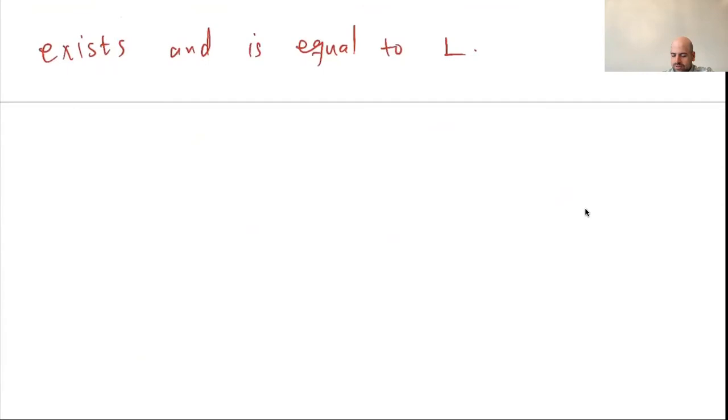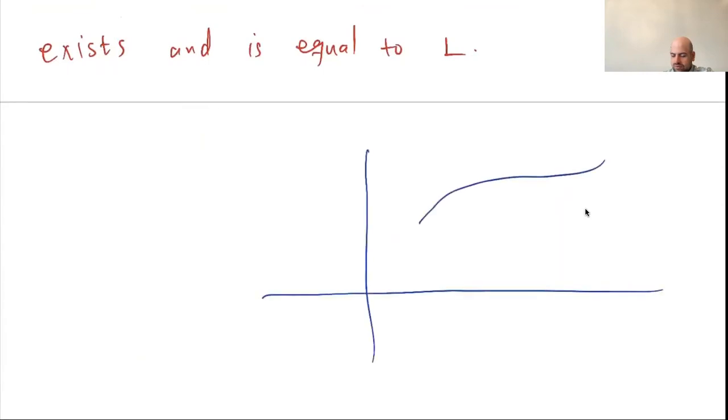So let me draw a picture to show what's happening. We have three functions.